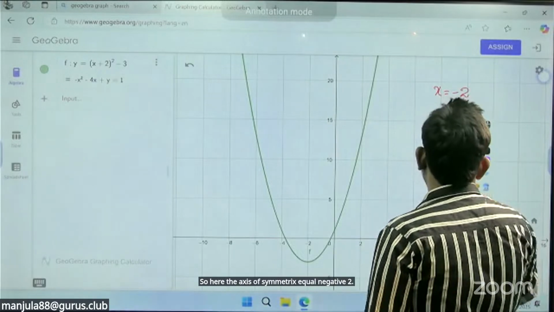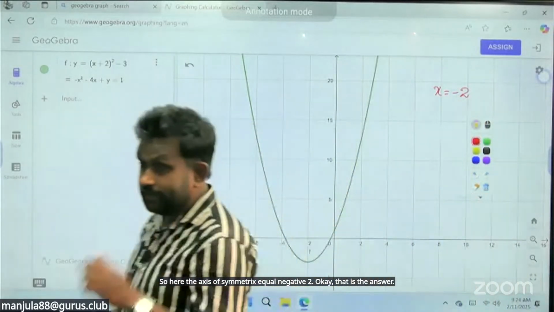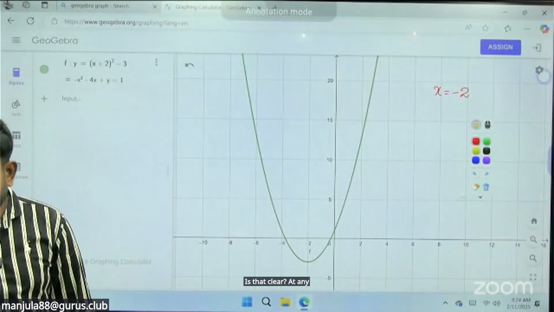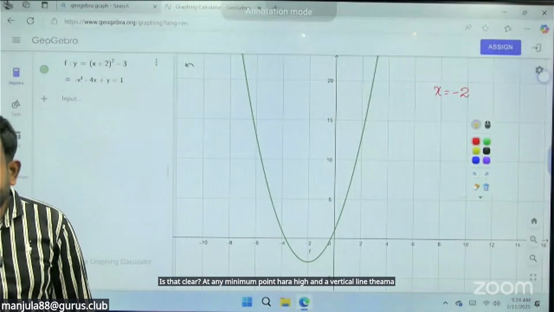Okay, that is the answer. Is that clear? The vertical line through the minimum point is x equal -2.